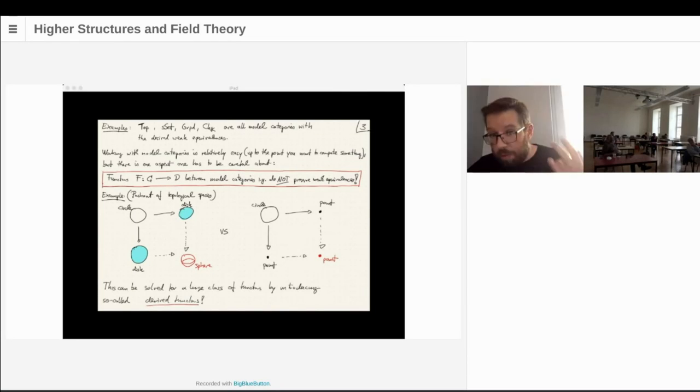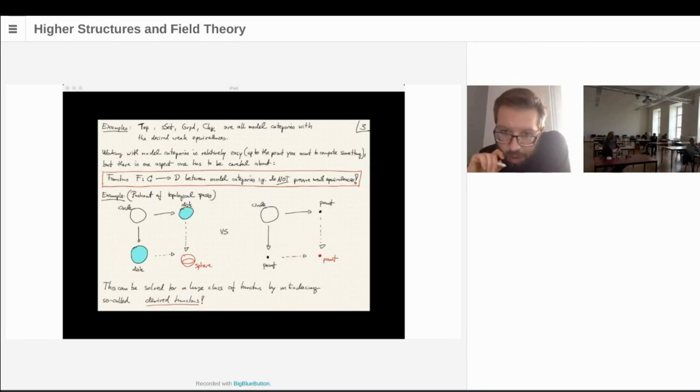And that is bad, because we use weak equivalences to compare, to say that two objects are the same. We compare things up to weak equivalence. And if we identify things up to weak equivalence and then apply a functor and get something out which is not weakly equivalent, it's bad. It's an inconsistency.